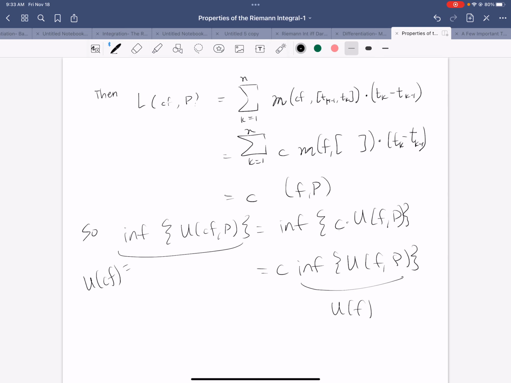But the infimum of C times F will be C times the infimum of F. So we'll get this. Now we're concerned with the sup of the lower estimates, okay? That'll be the sup of these lower estimates, and that's just going to be C times the sup of these lower estimates, which is your lower integral, okay?